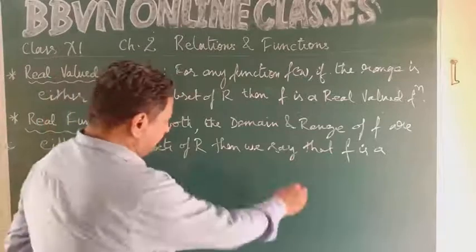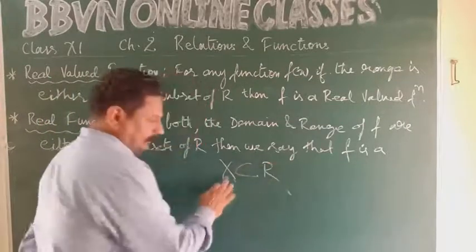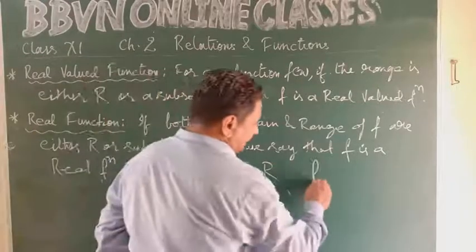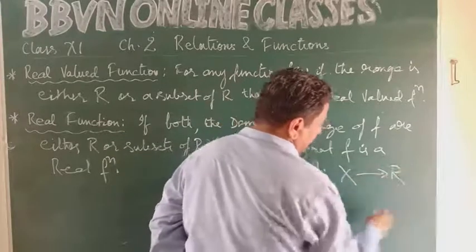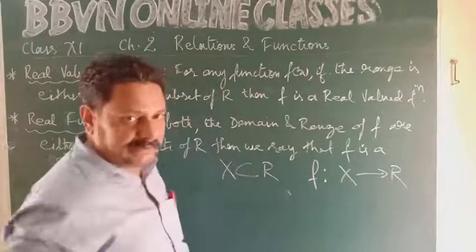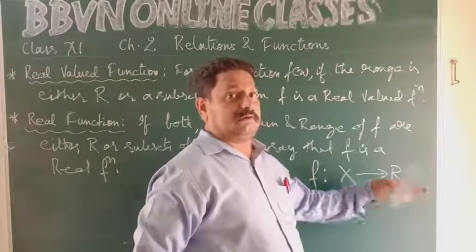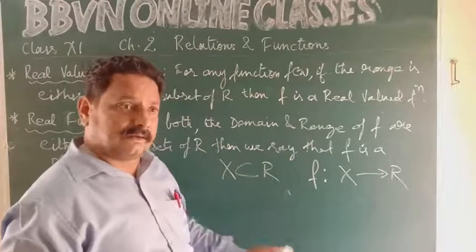Okay, suppose x is a subset of R. X is any set which is subset of R. Now you can have a function f such that x maps R. So domain is a subset of real numbers and this range is either R or subset of R. Now this is a real function.